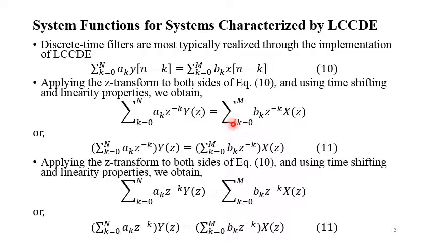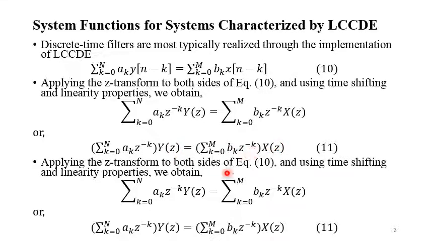A similar argument applies to the right side of the equation, and we have summation k running from 0 up to M b_k z power minus k X of z. Or we can take Y of z common from here and X of z common from here. You understand the system function is Y of z divided by X of z.